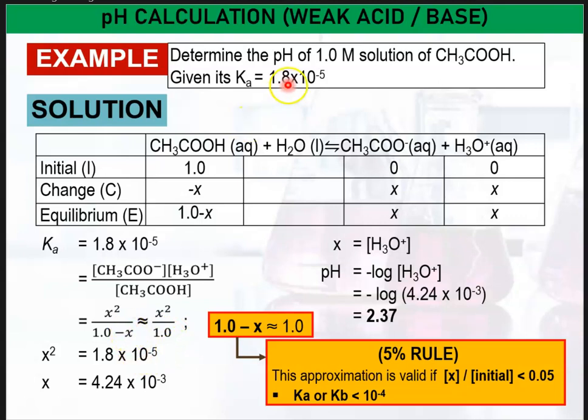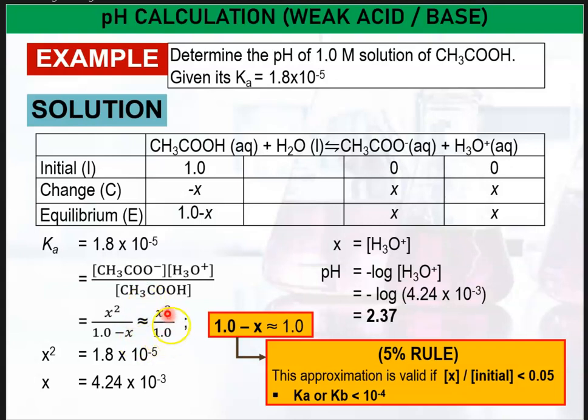Since the Ka value is very small, we just assume 1 minus X is almost equal to 1. Because if, let's say, X is 0.00001, it will become 0.999 and so on, which is almost equal, if you round up, it is still 1.